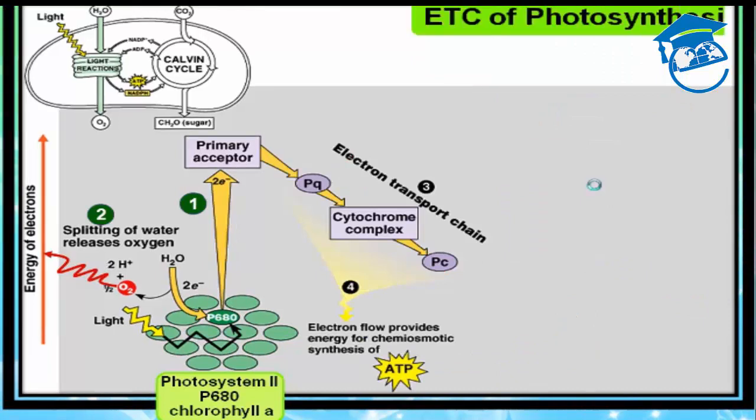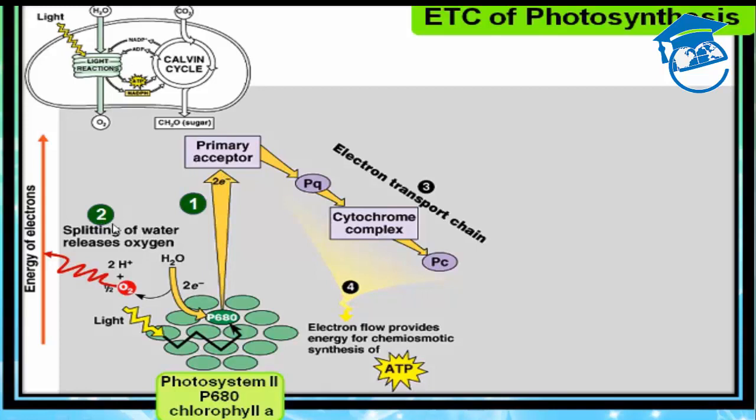Now from the primary acceptor it goes to the plastoquinone. Okay, this is plastoquinone, and to the electron transport chain, students. So this is the electron transport chain of photosynthesis, where first I told you that electrons get generated and go to the primary acceptor.